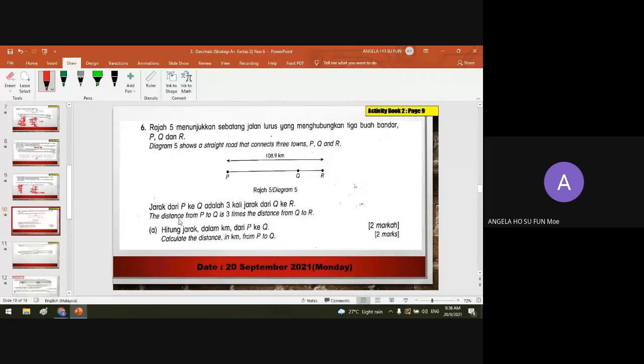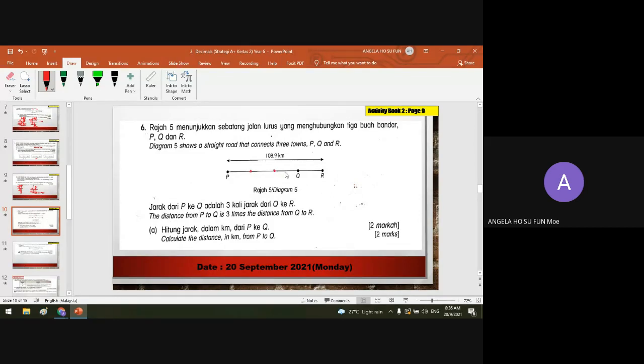Now they are giving you one very important piece of information. They said the distance from P to Q is 3 times the distance from Q to R. What does it mean? 3 times means 1 time, 2 times, and 3 times.